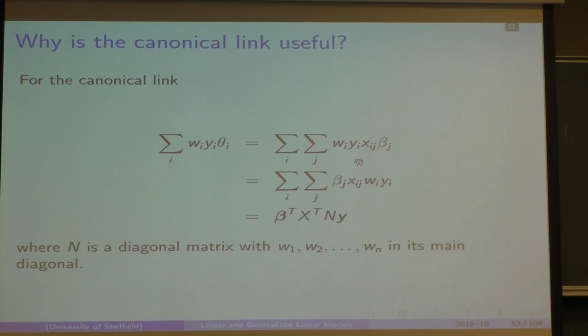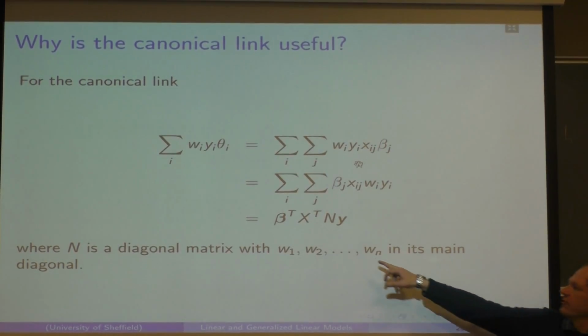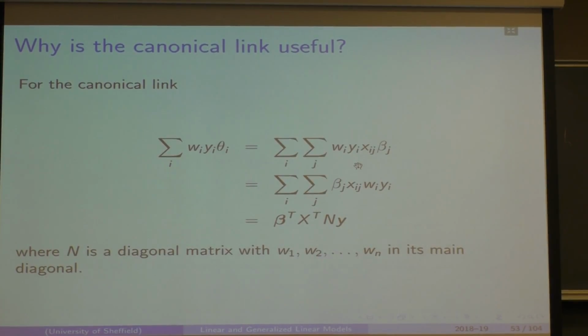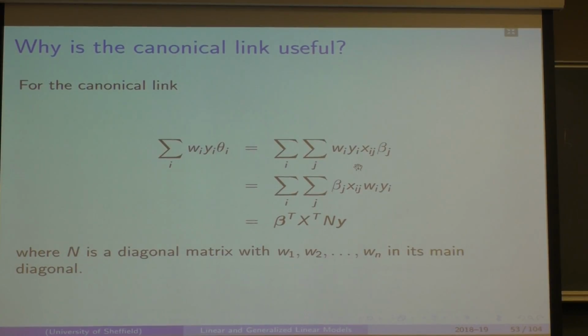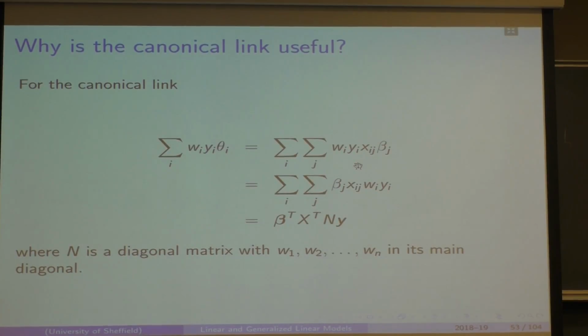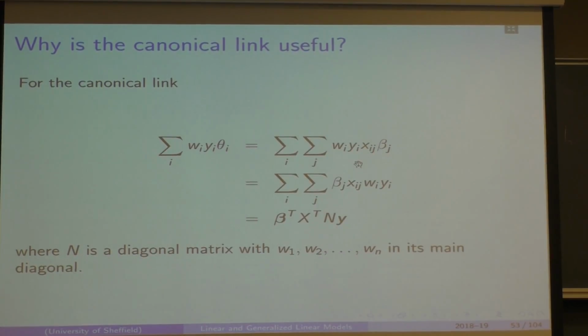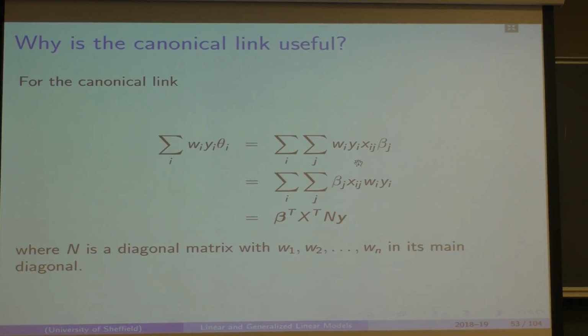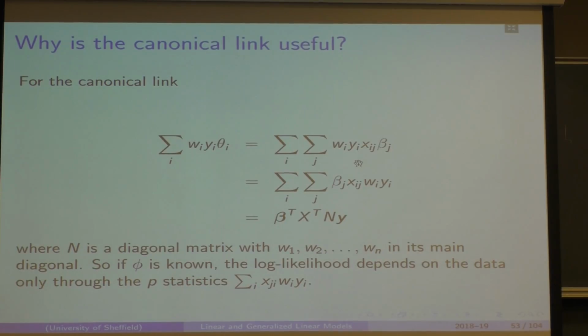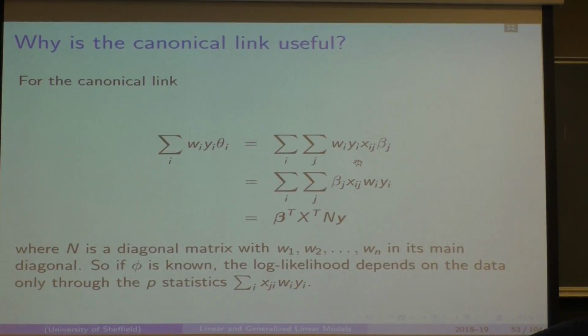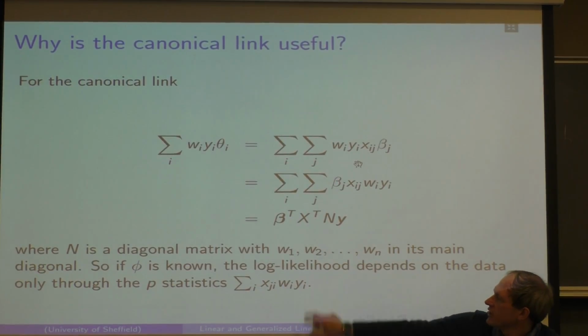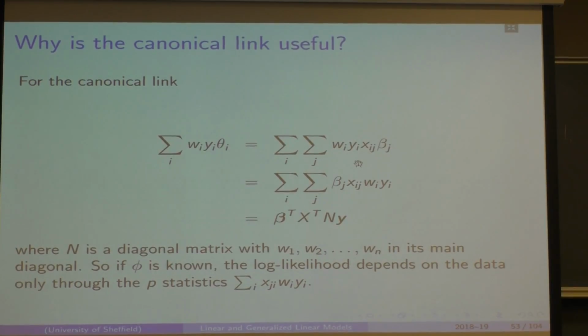N here is simply a diagonal matrix whose diagonal entries are the weights w i. You might wonder why I've called it N rather than W. That's because in a minute there's going to be another matrix called W. And calling it N reminds you that the case where these w's most often appear is in the binomial distribution, where they're the numbers of trials. So if we know phi, the log likelihood only depends on the data through these, and these are linear, so we can write them in that relatively simple way.